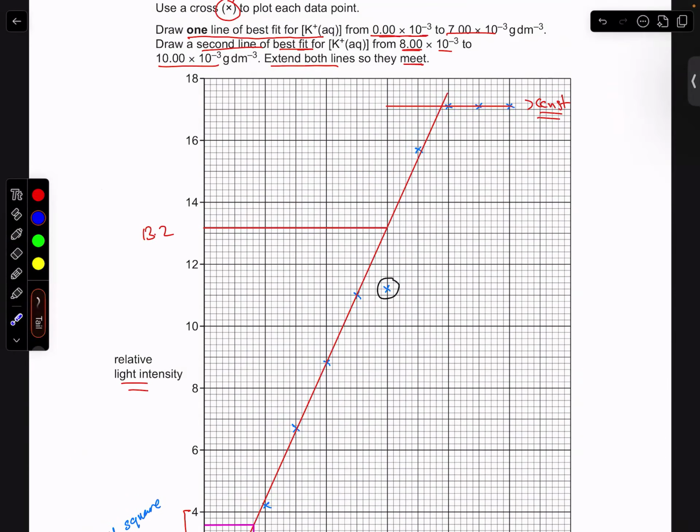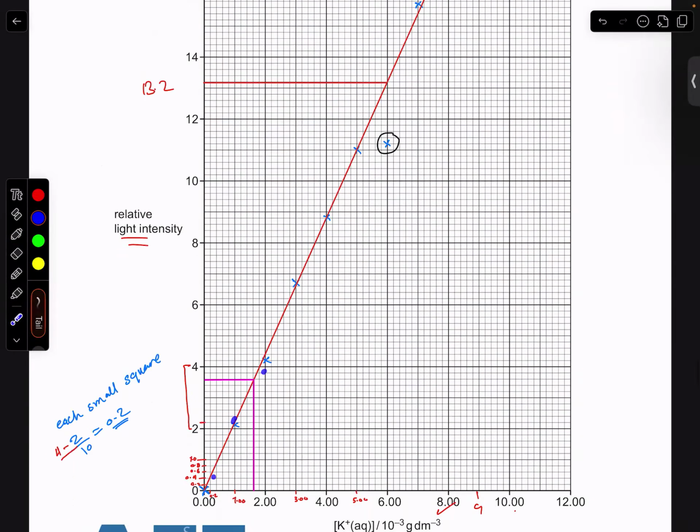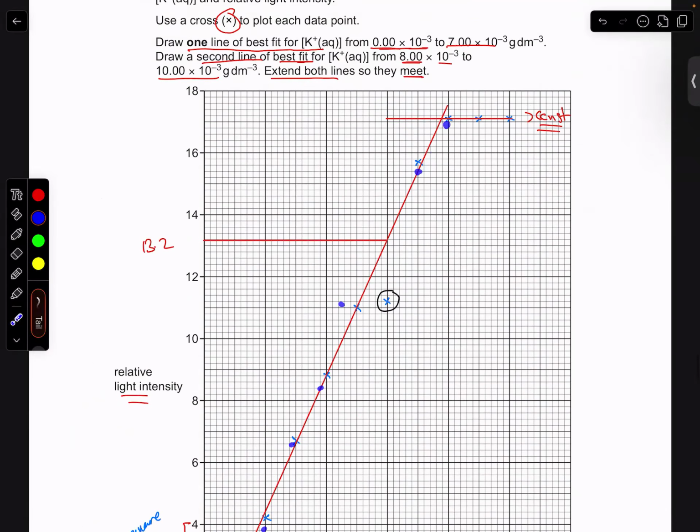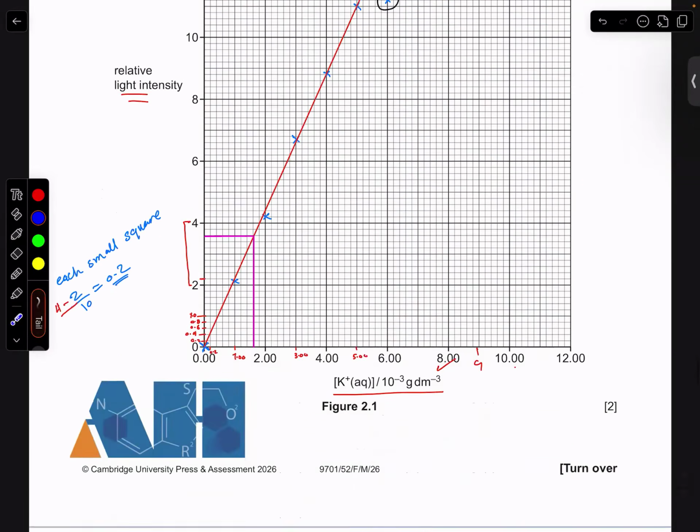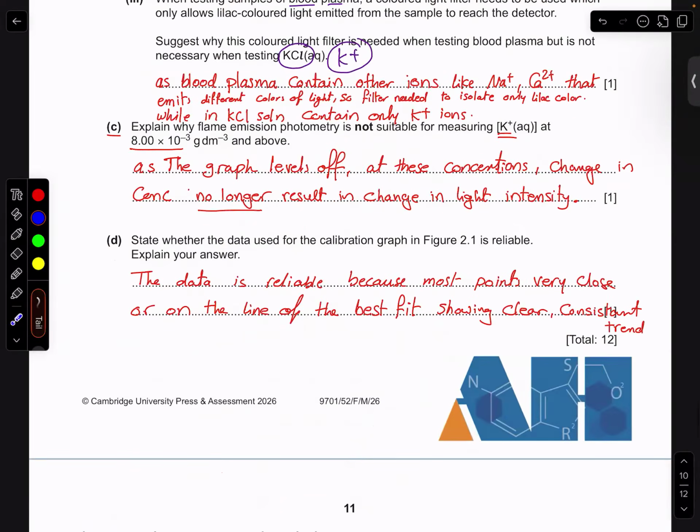So only one out of 11 readings is off the curve, which doesn't make the readings unreliable. So yes, they are reliable, because most of the points are very close to or lie on the line of best fit, showing a clear trend.